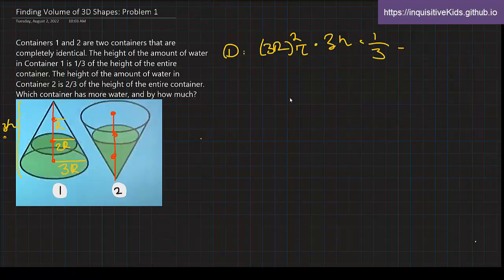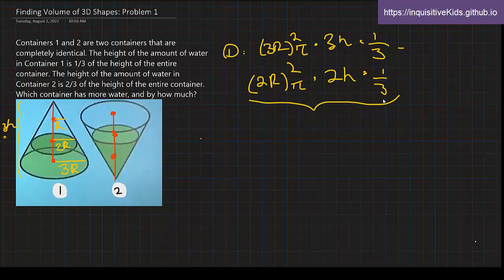And then we subtract from it the smaller cone, whose radius would be 2R squared pi times 2H times 1/3. And as you can see over here, this is actually the equation to find the water part for figure number 2.